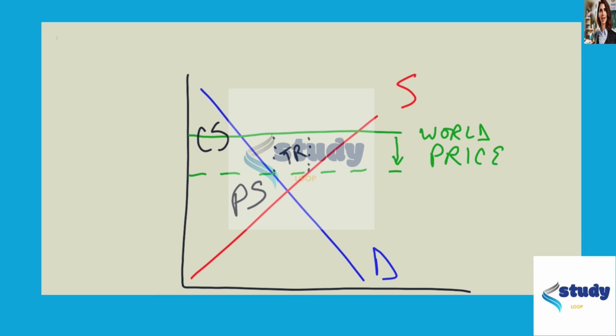Okay? So there's two areas left, and those are going to be lost economic activity, which we'll just mark with X's. Okay, so total surplus has decreased by the two areas that we marked with X's.